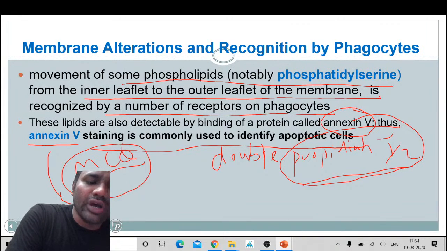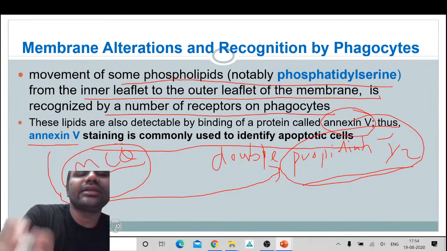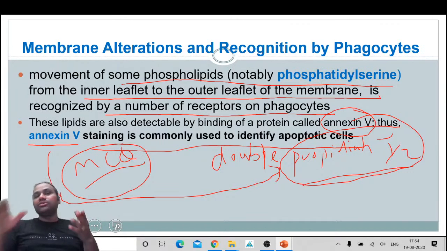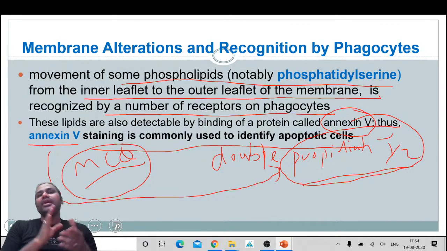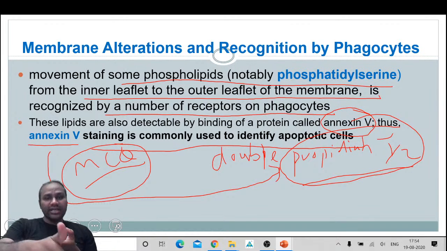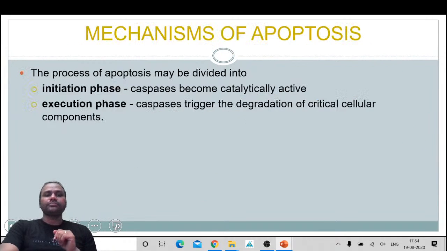So annexin 5 and propidium iodide positive at once indicates a necrotic cell, while annexin 5 staining alone can be done for the apoptotic cell. So annexin 5 can be a question asked in the exam.